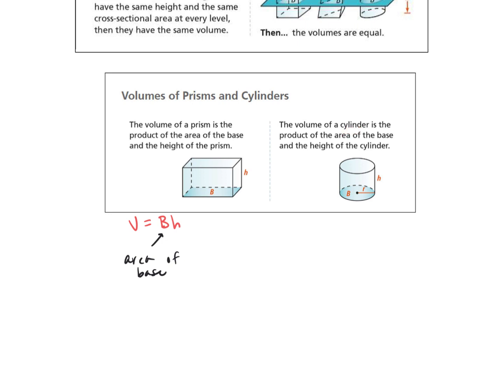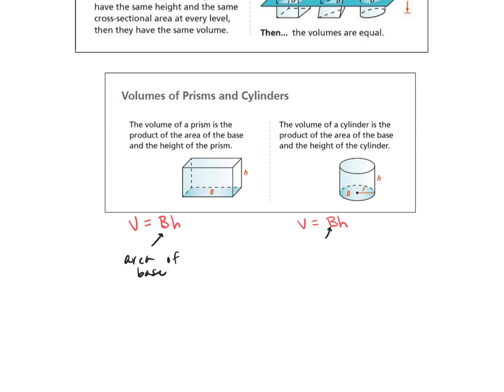Now cylinders are very similar to prisms because they have those two bases, only this time the bases will be circles. That's what makes it a cylinder instead of a prism. A cylinder has the same volume formula, area of the base times height.